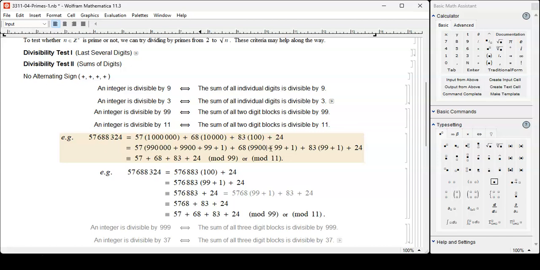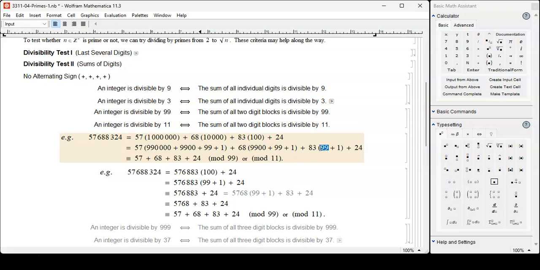Next, 9,900 plus 100, and then 100 is decomposed further into 99 plus 1. And this is 990,000, and then 9,900, and then 100 is 99 plus 1 like this, by increments of 2.